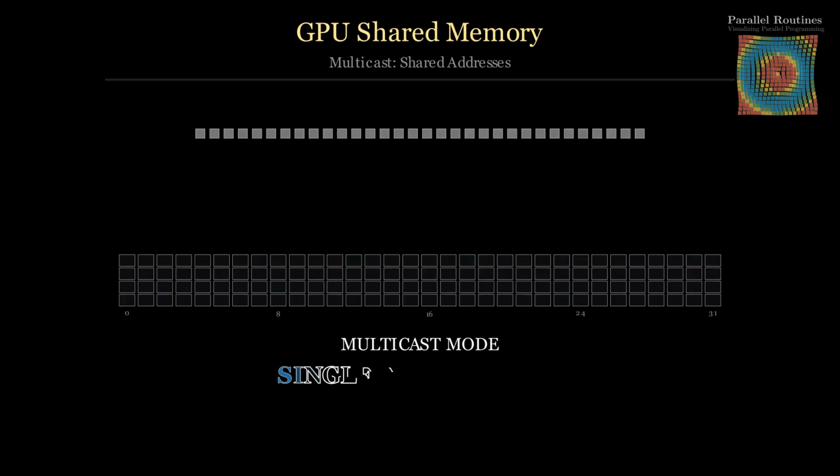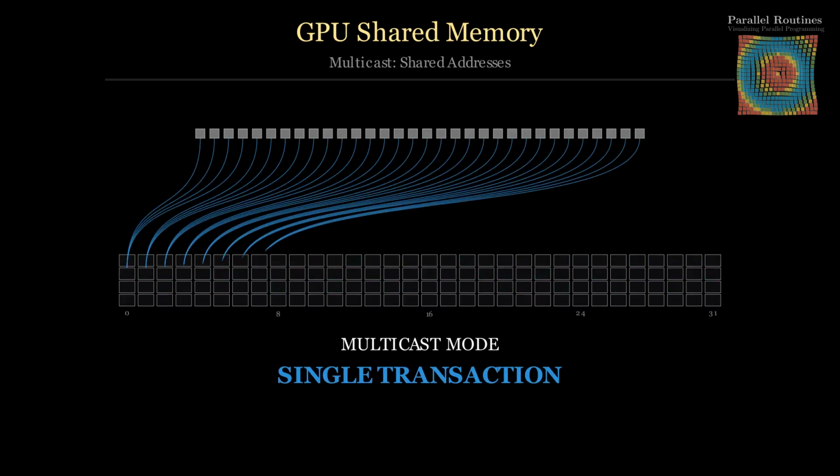Multicast mode exploits a hardware optimization. When multiple threads within a warp read the same memory address, the GPU recognizes this pattern. Instead of serving each thread individually, it broadcasts the data from one bank access to all requesting threads. 4 threads reading the same location, 1 transaction.